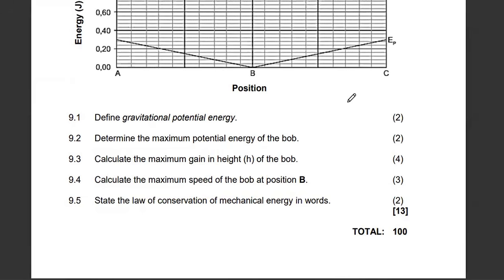Okay, so we know that is the energy that the object will have based on its position. So the energy an object has due to its position. So the position must be within the gravitational field, which is like the Earth or the universe.